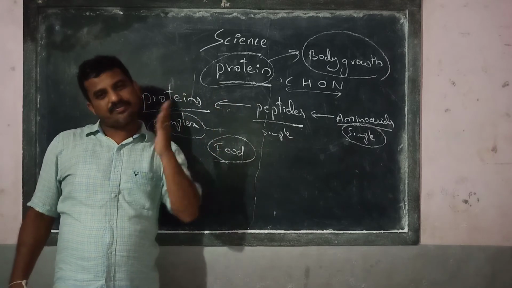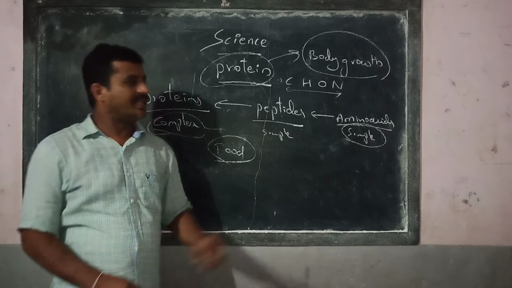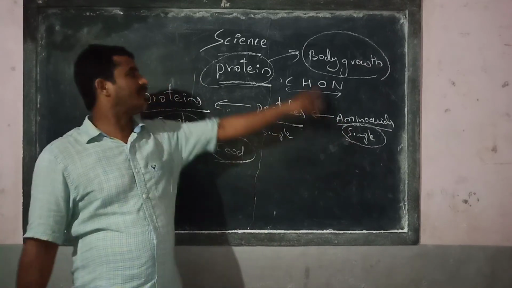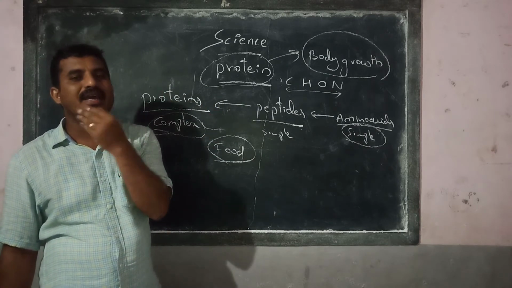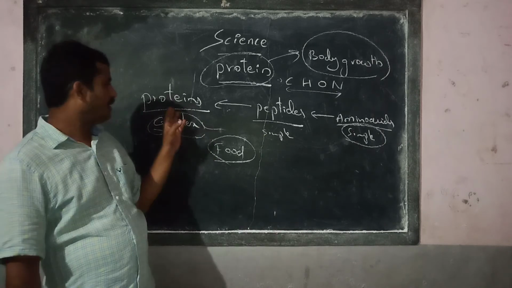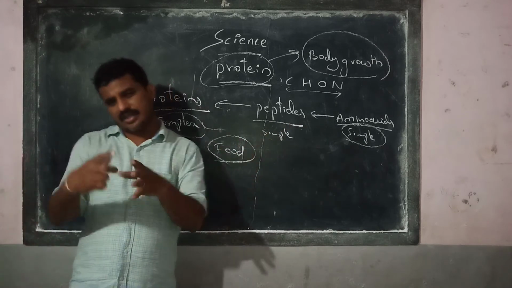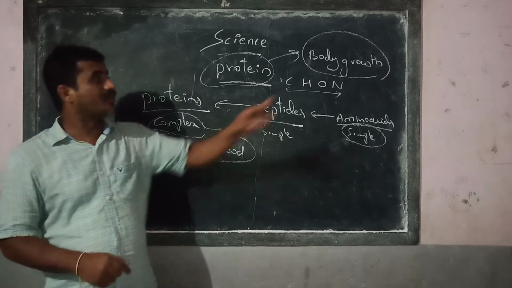That should break down into simpler and simpler units, that is, amino acids. These amino acids are used for body growth. Directly they are not present in the food. They are present in the form of proteins. Many amino acids together build proteins. They are not directly used for the growth of the body.